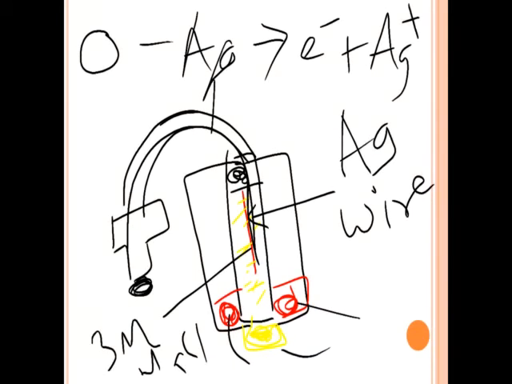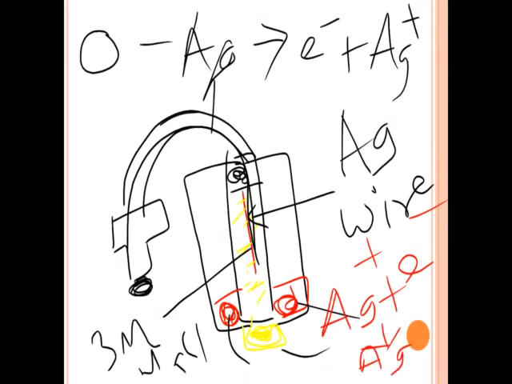As it is a redox type reaction, it also undergoes the reduction reaction. When reduction reaction takes place, it gains electrons, so the opposite reaction takes place. Ag plus gains the electron and is converted into Ag.